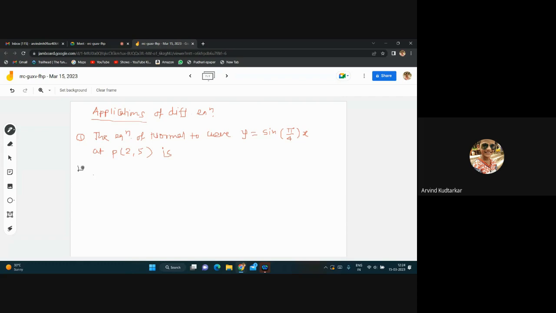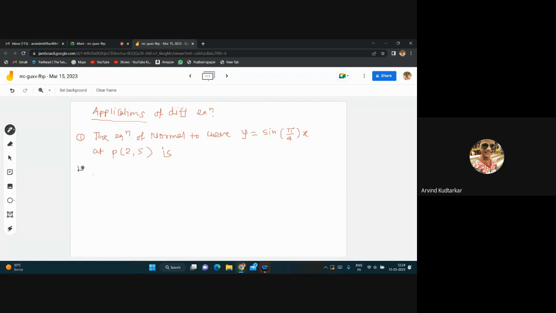What is the first derivative, dy by dx? If you evaluate the first derivative, that is dy by dx, it is called the slope of the tangent.